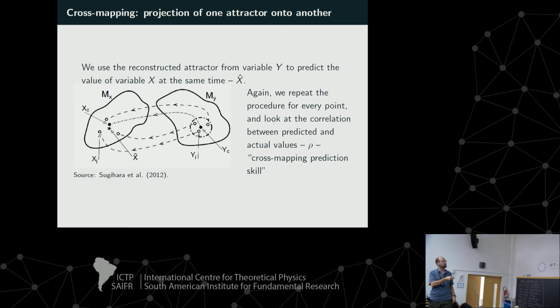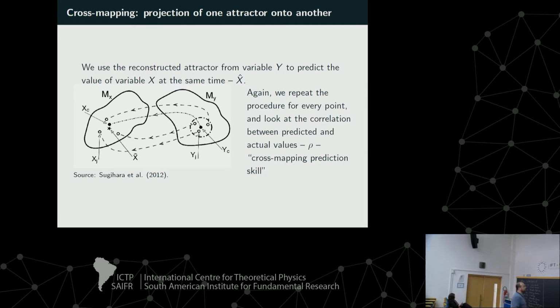So I take the closest neighbors to y of t. If I wanted to predict y of t, I would use an average of these 3 points in y, but now I look at the corresponding values for x, and I average those x values to get a prediction. You see?